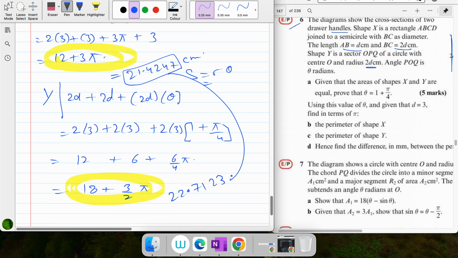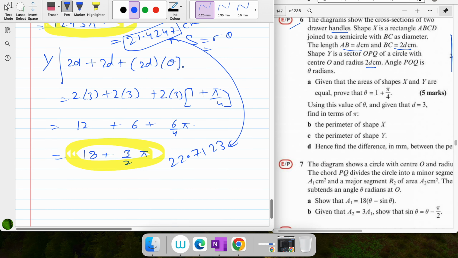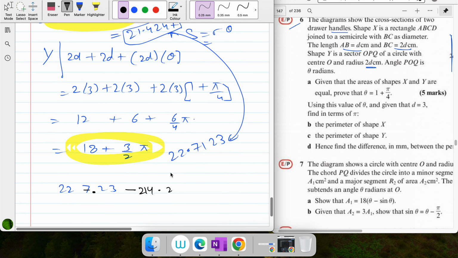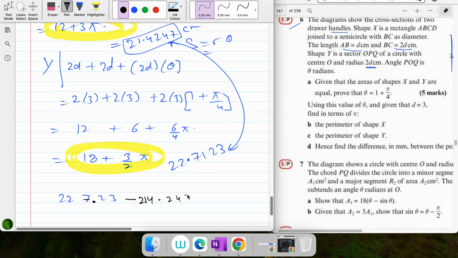So when we subtract these two to get the difference, if I just multiply 22.7123 by 10, it is directly converted into millimeters, minus 214.247, and the difference in millimeters.